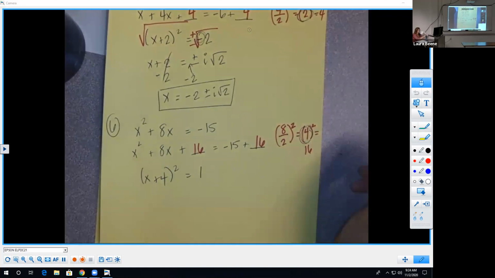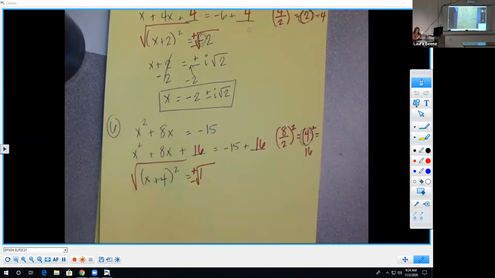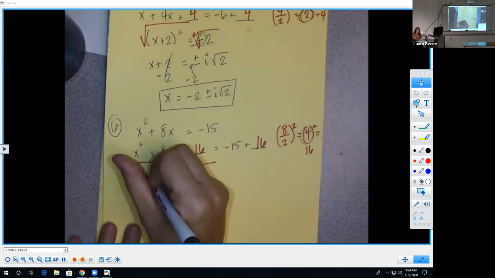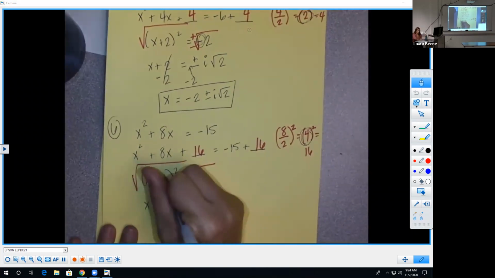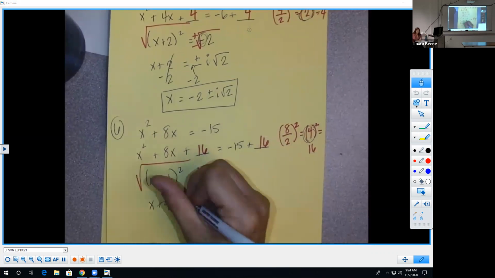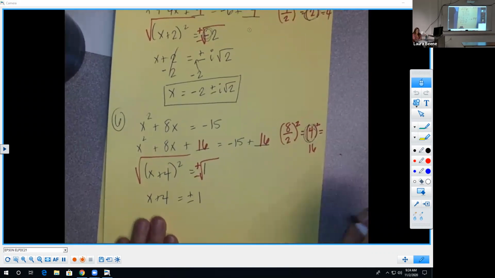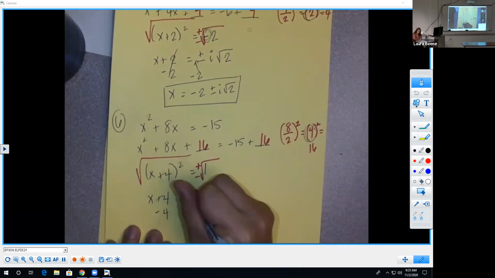How do you solve for x now? Square root both sides. Don't forget your plus or minus. On the left-hand side, you get just x plus 4. On the right-hand side, this one's a little bit different because what is the square root of 1? So it's plus or minus 1. So when I go to solve for x, I'm going to subtract 4 here.